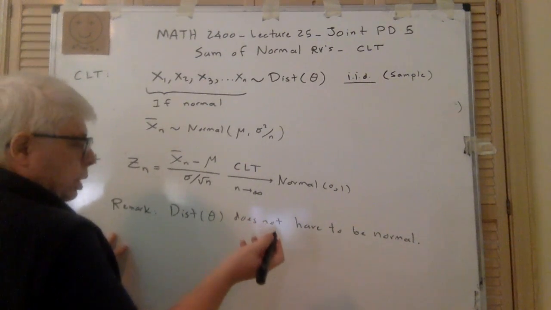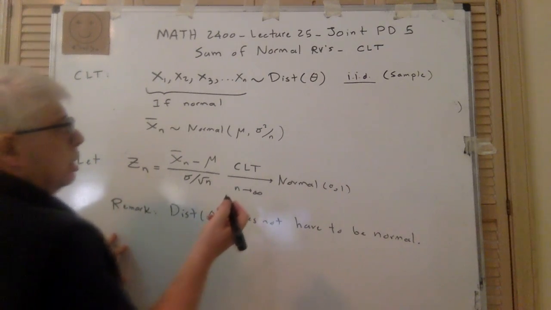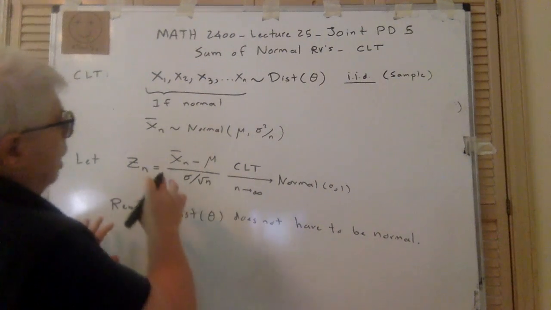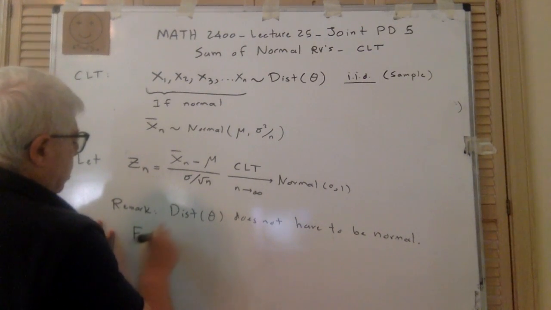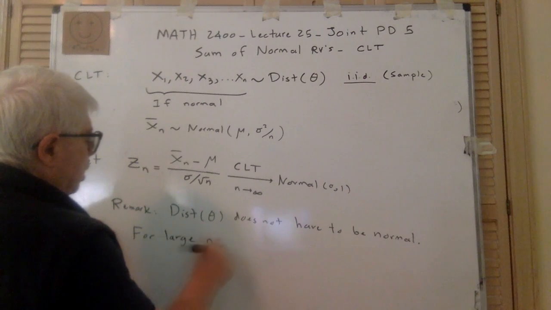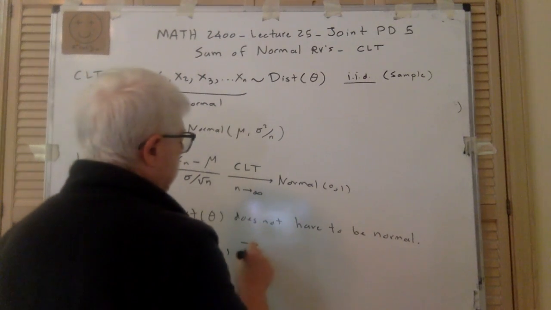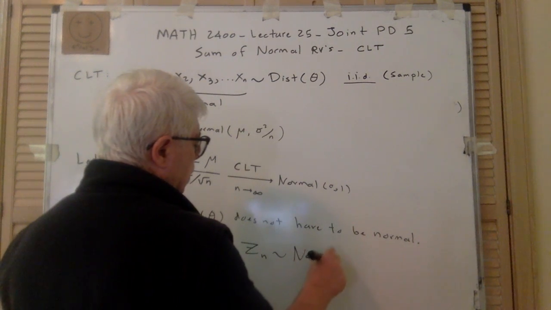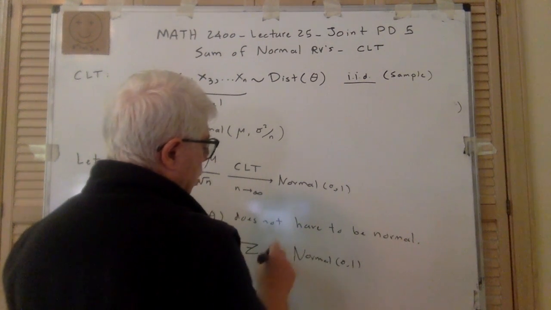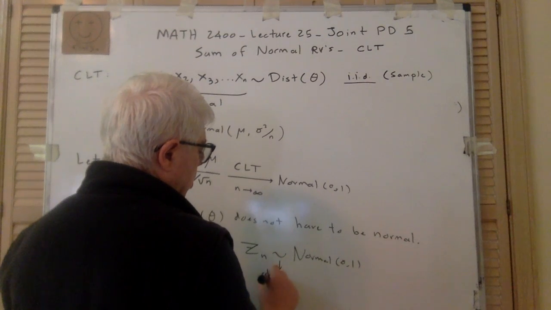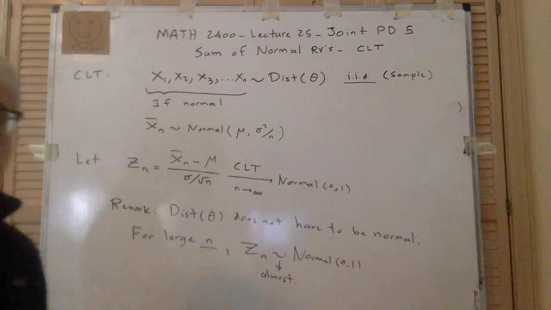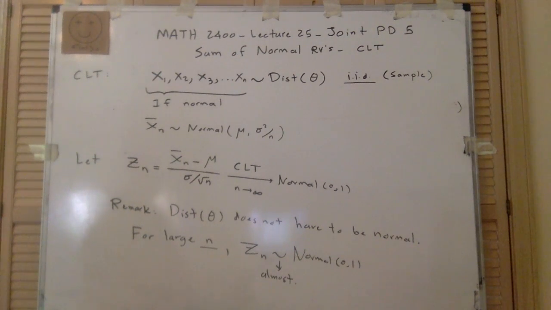But even if it's not normal, for large n, Zn is normal 0, 1, or let's say almost. Right?